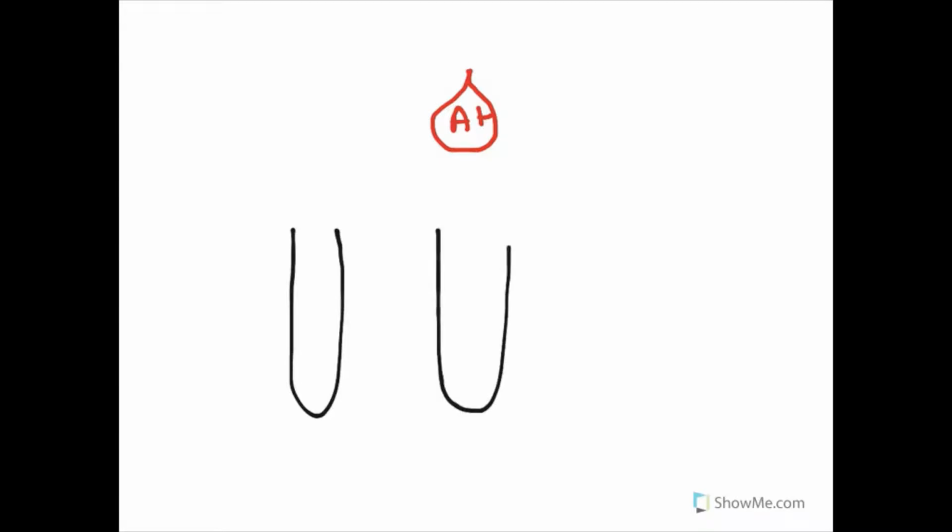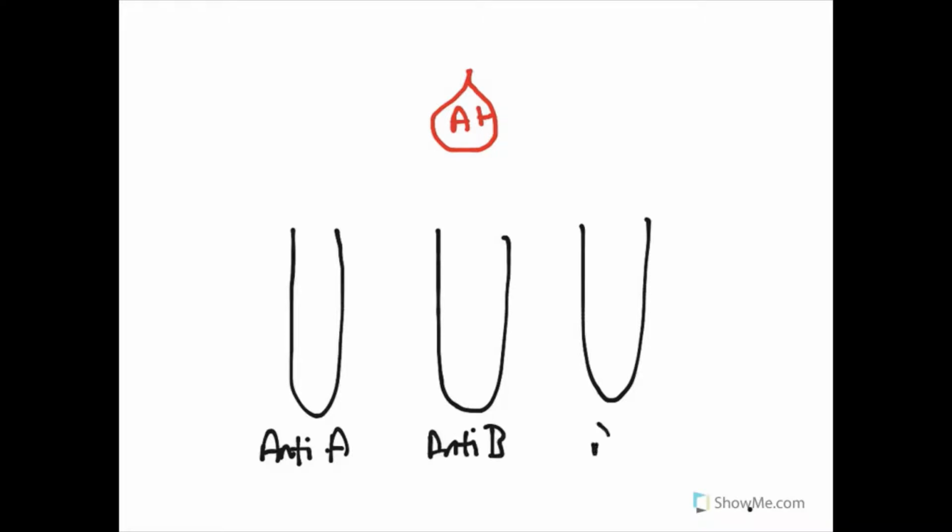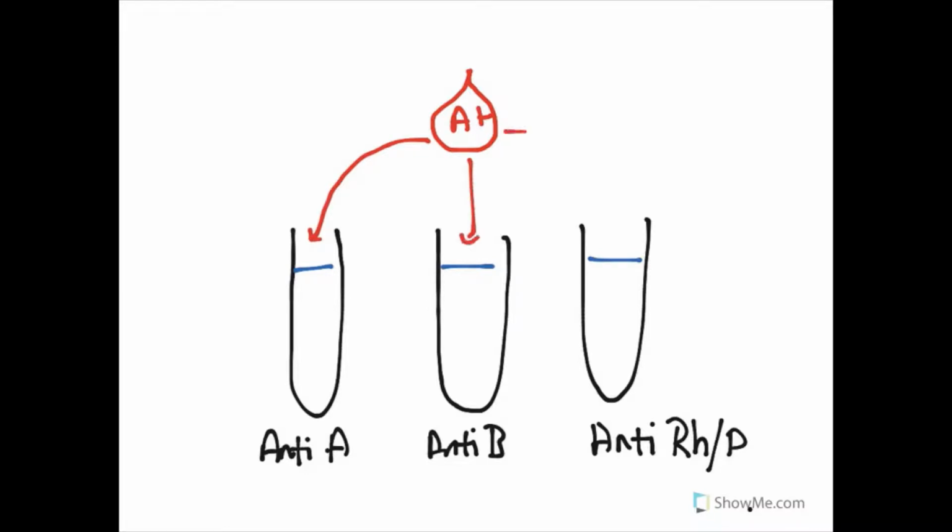Let's say I have a patient here. We've already done A positive. So when we did A positive, we talked about it. This person here was A positive. We put that into test tubes here that had antibodies, anti-A, anti-B, and anti-RH or D. When that blood gets added to these tubes with those antibodies in them, we saw those results, okay?